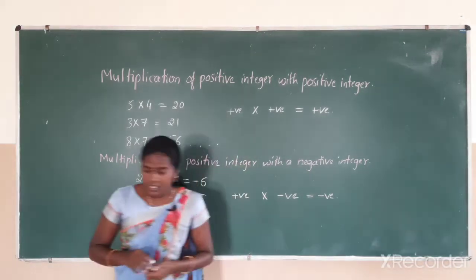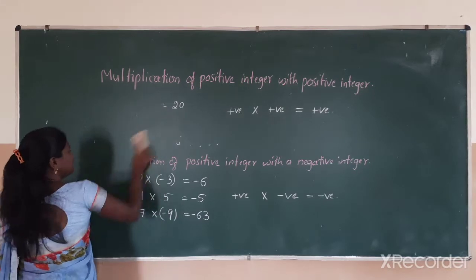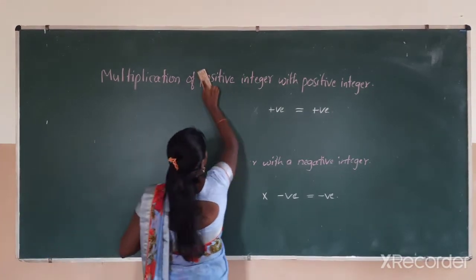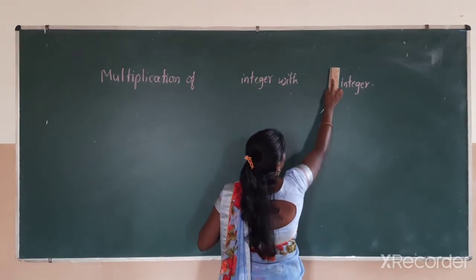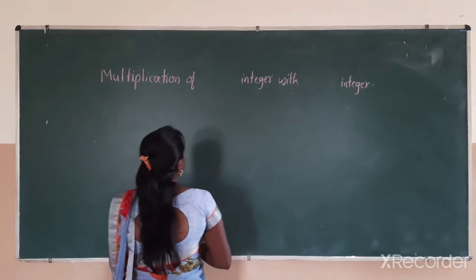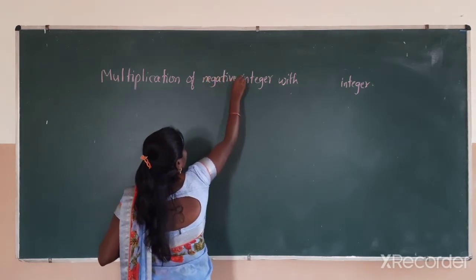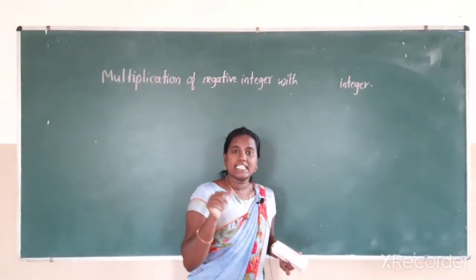Okay, so now let us go with the multiplication of a negative integer with another negative integer. What happens when a negative integer is multiplied with a negative integer? See the spelling of negative, N-E-G-A-T-I-V-E. Don't write it as N-E-G-I.